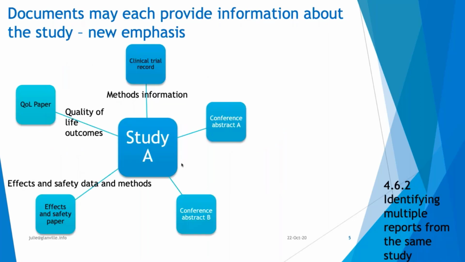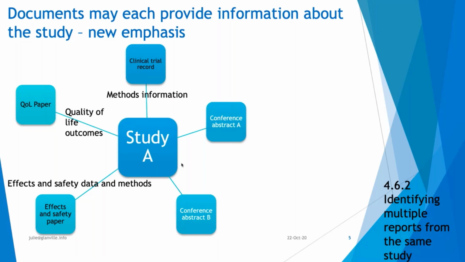The other thing that gets a new emphasis in the current edition is the fact that different documents about a study can provide different pieces of information to enrich our knowledge of that study. So, for example, for a given study, we might pick up some new methods information from the clinical trial record, and also not all the outcomes may be in the main paper. There may be other papers that report specific outcomes.